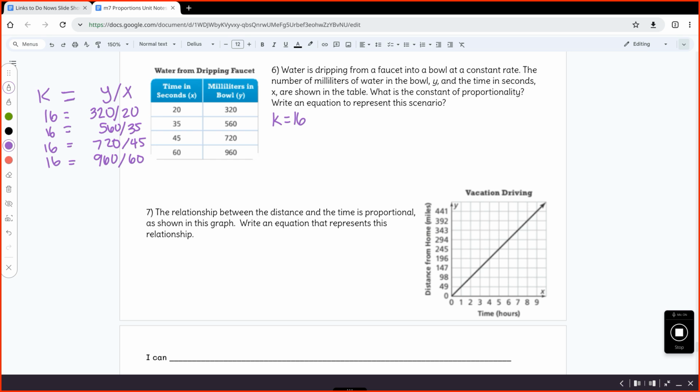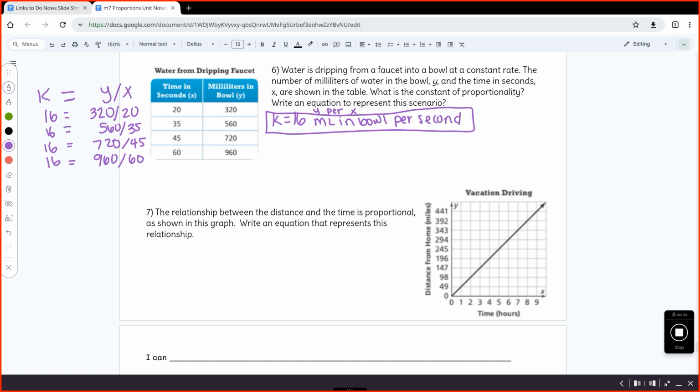Now remember, we do y per x. So y is the milliliters in the bowl per second. Milliliters in bowl per second. Okay, so this is your k. k equals 16 milliliters in the bowl per second.